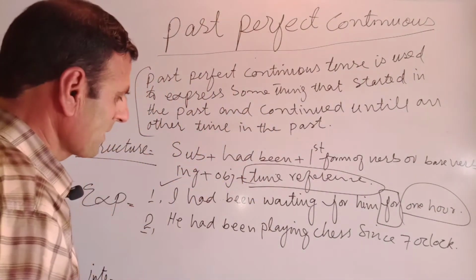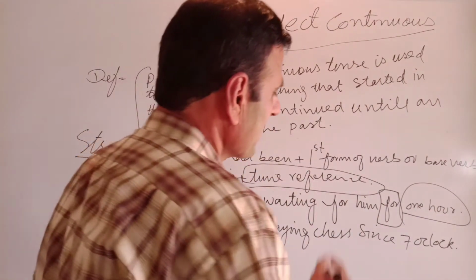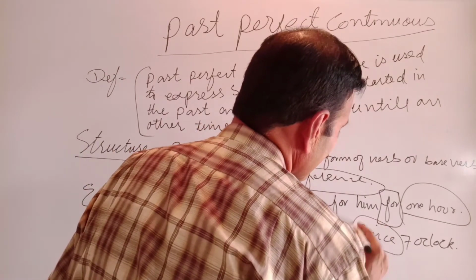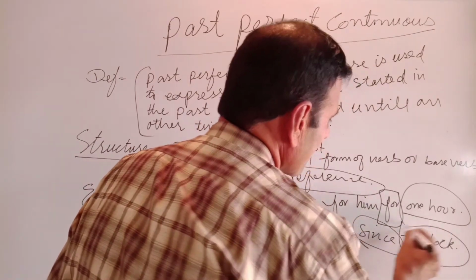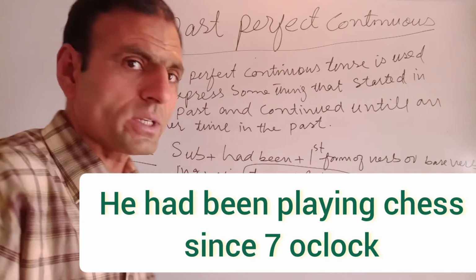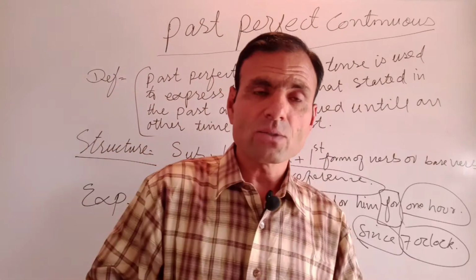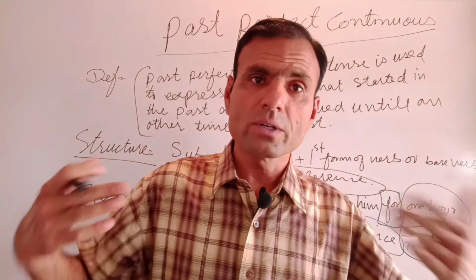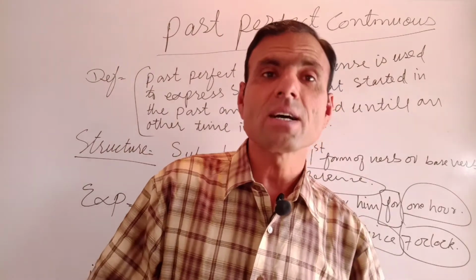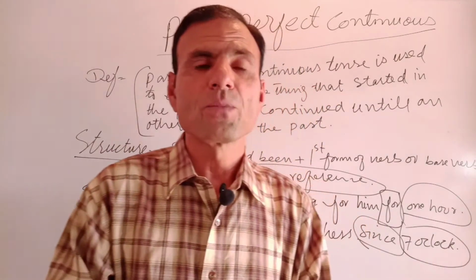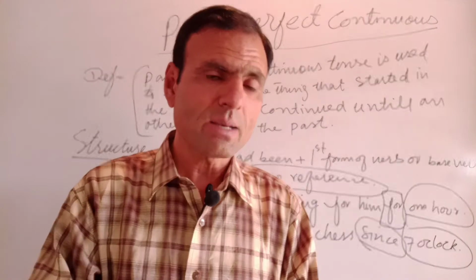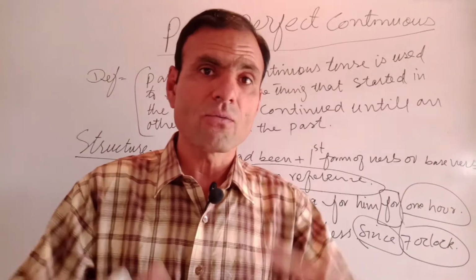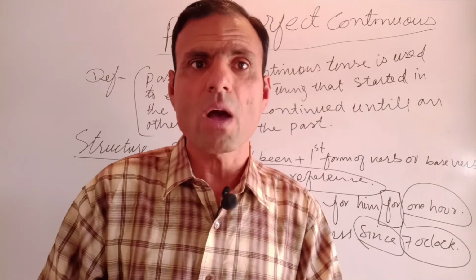The next example: he had been playing chess since 7 o'clock. Now 7 o'clock is a known time. If there is 8 o'clock or 9 o'clock or 10 o'clock, still we express things with o'clock if we are talking within 24 hours.